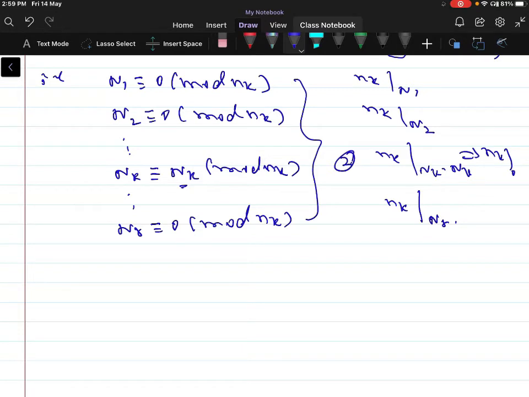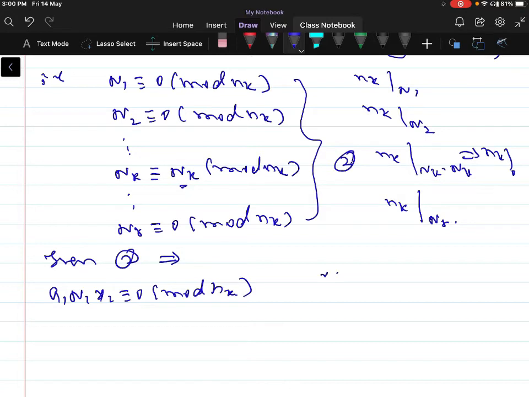Then equation 2 implies a1 n1 x1 is congruent to 0 modulo nk. Since we know that if a is congruent to b modulo n, then we can write ac is congruent to bc modulo n also.